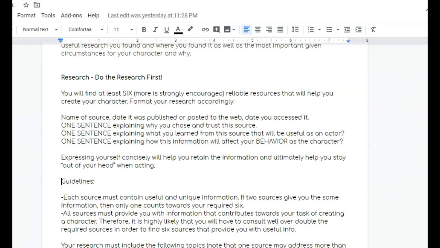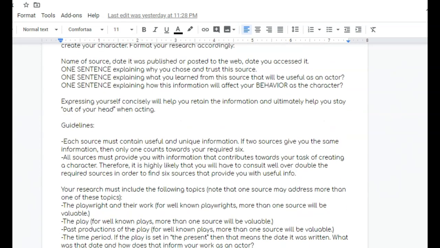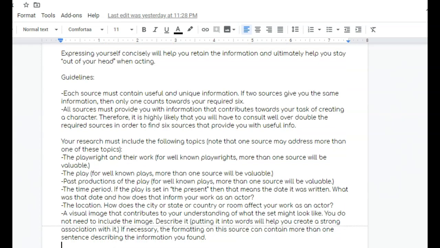There are some guidelines. Each of the sources must contain unique information. I don't want you to waste your time with a whole bunch of sources that tell you the same stuff. So find sources that have new info. All the sources should provide you with information that contributes towards the task of creating the character.